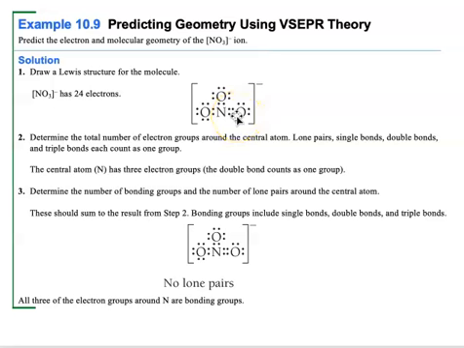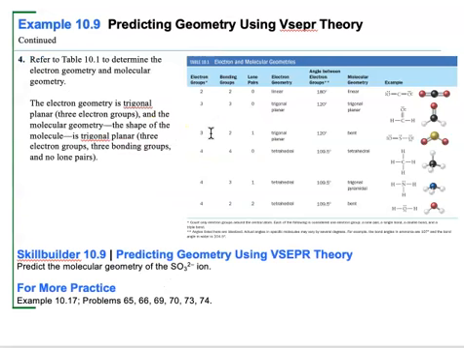So once we've determined the number of bonding groups and the number of lone pairs around the central atom, we see that we have no lone pairs around the central atom, so we're left with just 3 bonding groups. If we go over to our table, we'll see that we have 3 electron groups and we have 3 bonding groups and no lone pairs. This is going to leave us with a trigonal planar geometry.